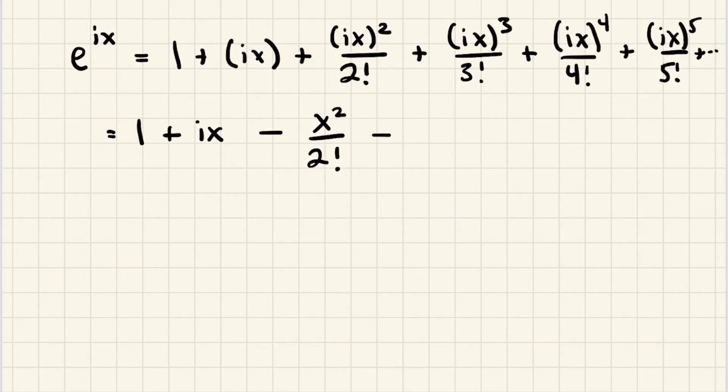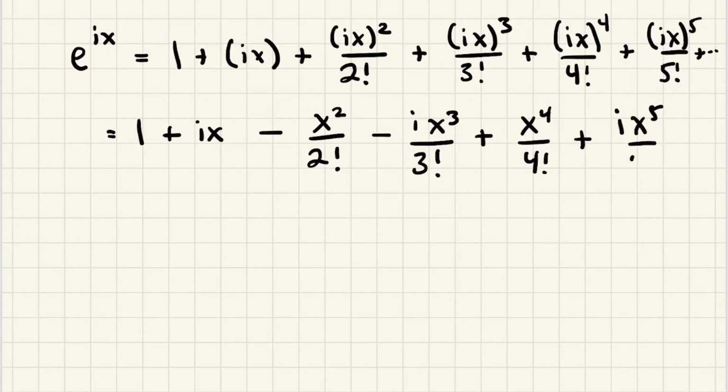So we can write negative i x cubed over 3 factorial. i to the fourth is i squared times i squared, which is negative 1 times negative 1, which is positive 1. So we're back to simply plus x to the 4 over 4 factorial. And then we get i times x to the 5 over 5 factorial, because i to the fifth is i times i to the fourth.